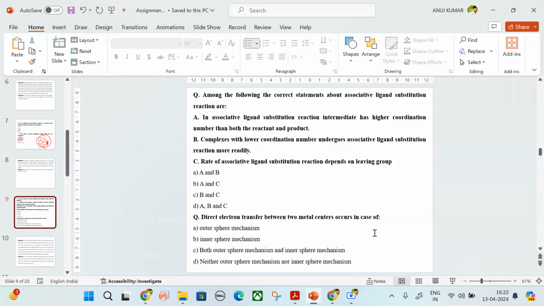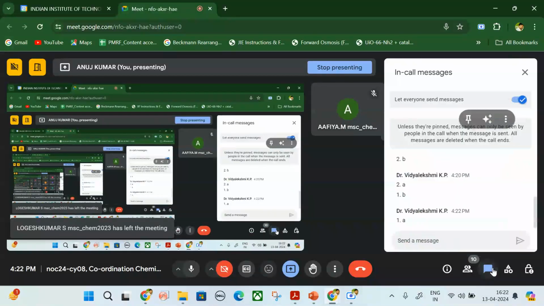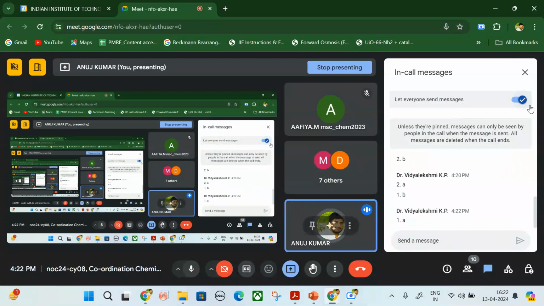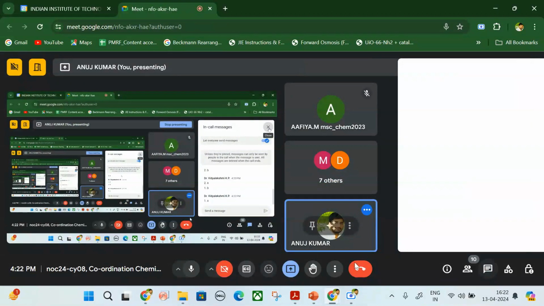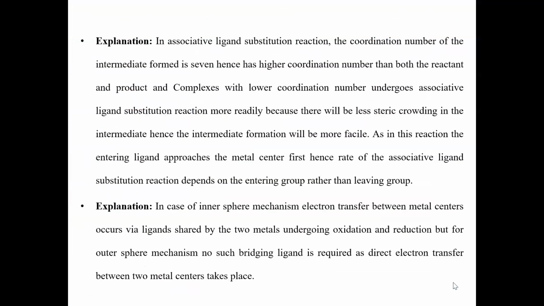Yeah. So let me explain this. In associative ligand substitution reaction, the coordination number of the intermediate formed is 7.